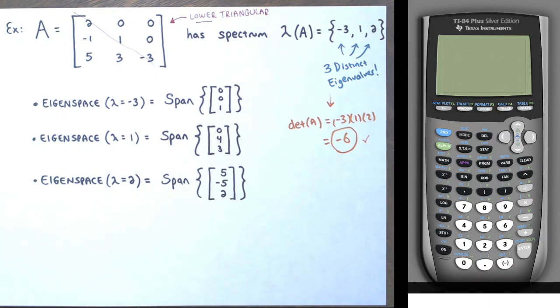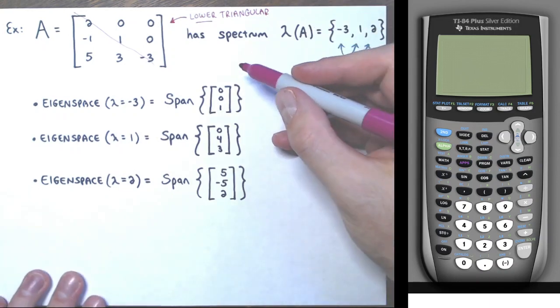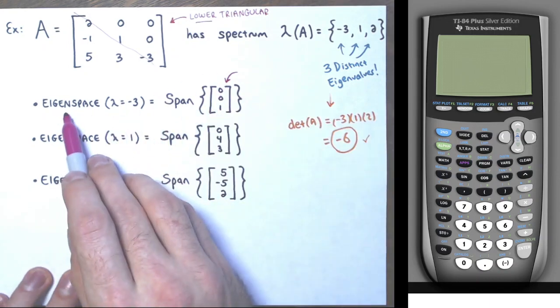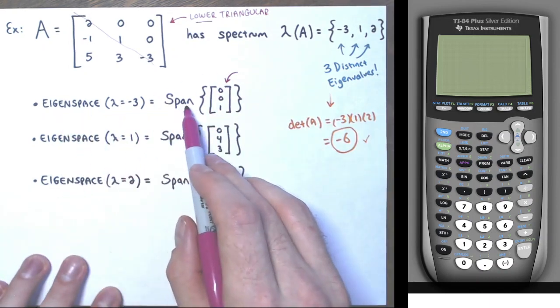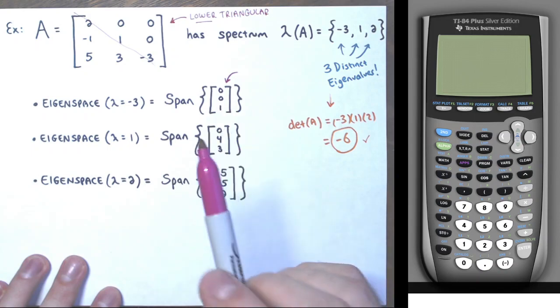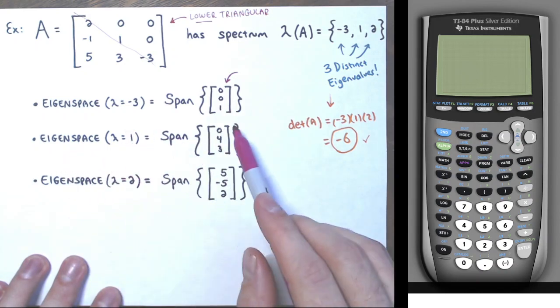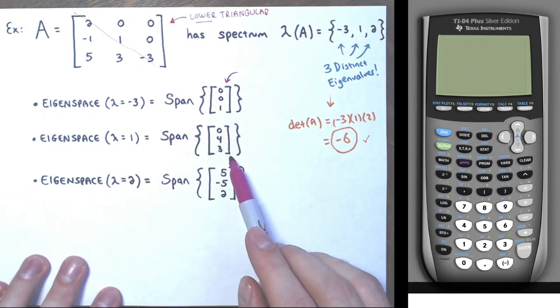Statement 3 was about those bases. So again, the eigenspace for -3 is the span of the vector 0, 0, 1. The eigenspace for lambda equals 1 is the span of the vector 0, 4, 3.